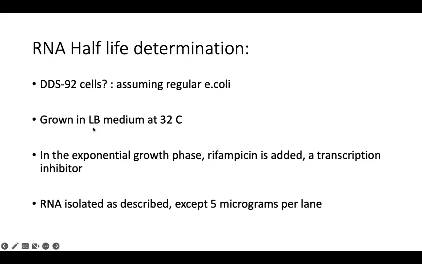So they grew it in LB medium at 32 Celsius. During the exponential growth phase, they added this little chemical. It's a transcription inhibitor. They isolated the RNA as I've already described, but the difference is they used 5 micrograms of RNA per lane instead of 3 micrograms of RNA per lane.